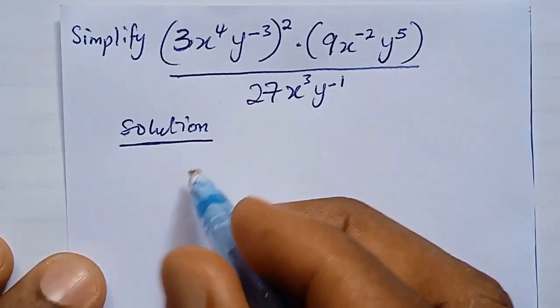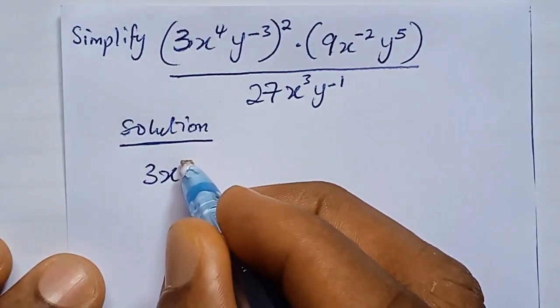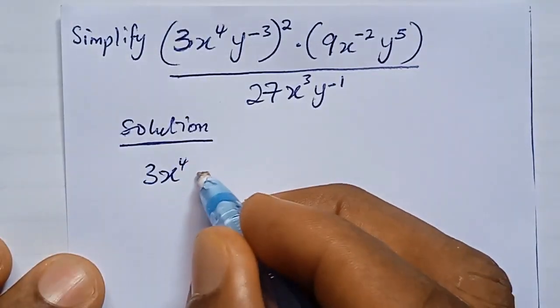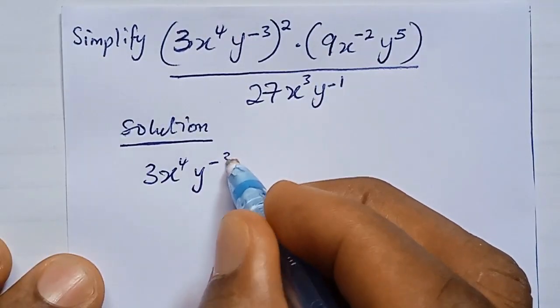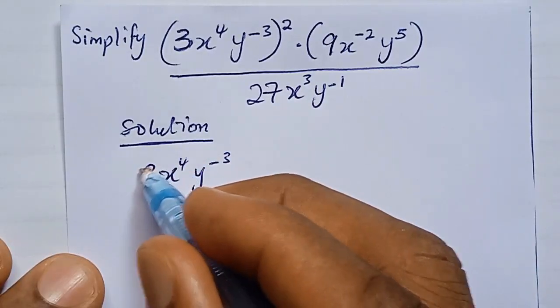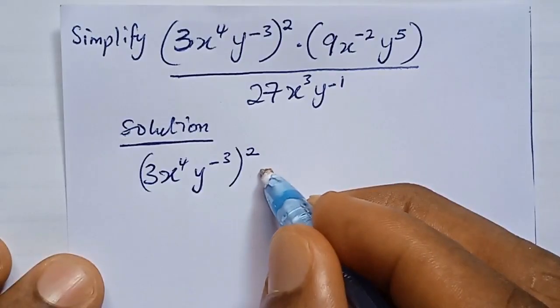So to start with, we have 3x^4 multiplied by y^-3, all in brackets to the power 2.